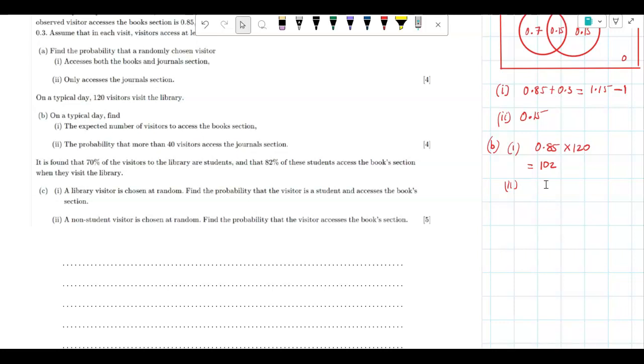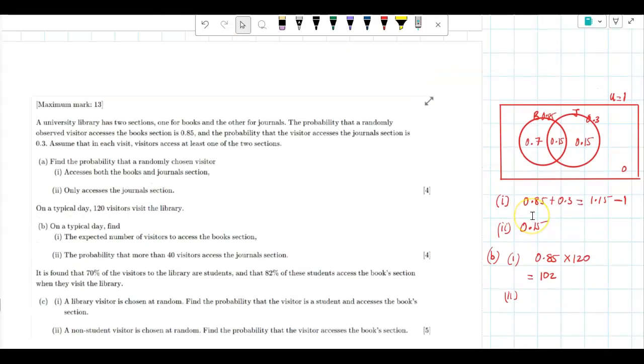So we have to write it in symbols. If you don't write in symbols, you won't get points. So accesses both: probability of book and journal. Like that, for all these.